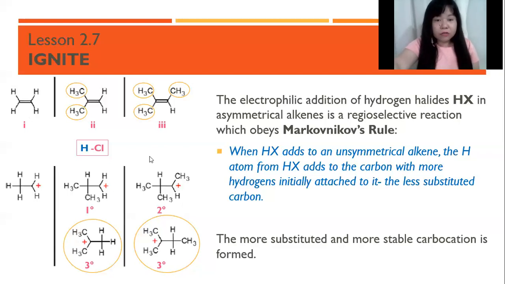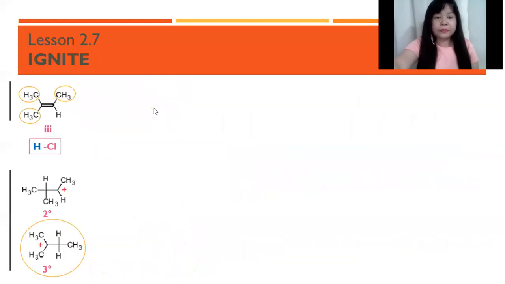So let's take a closer look at the third case coming from compound 3. So compound 3 is able to produce 2 possible carbocations, and we've already identified that the tertiary carbocation is the most stable.